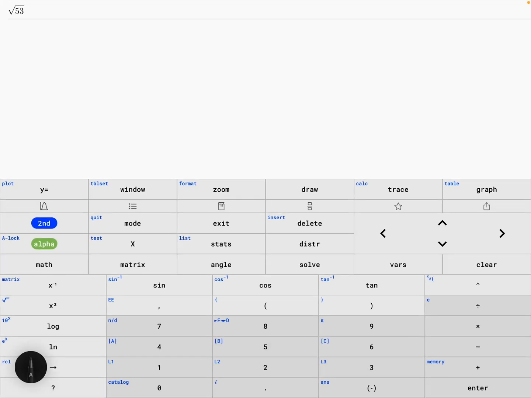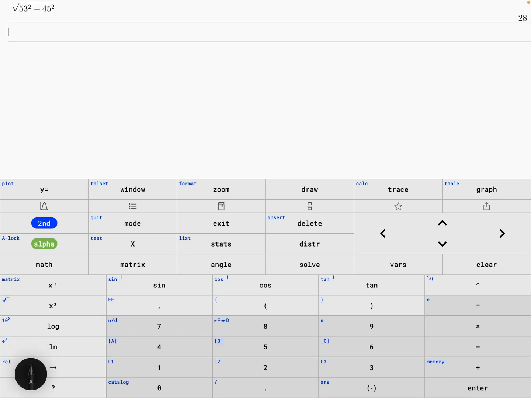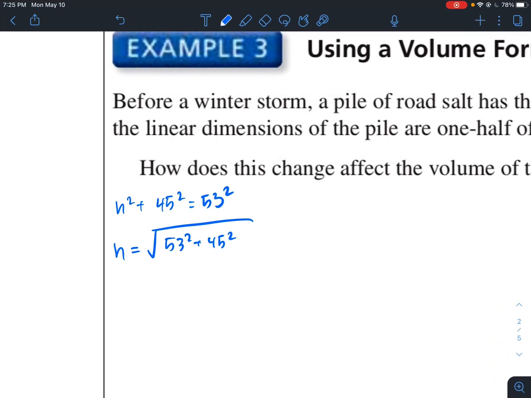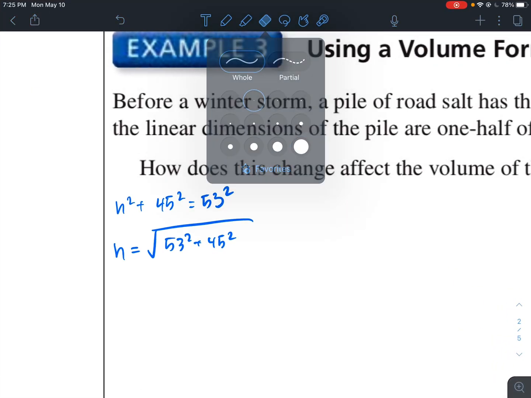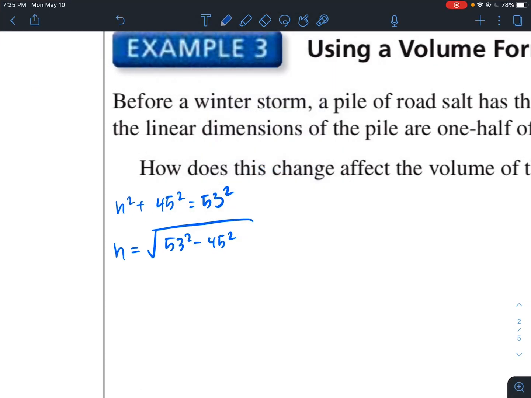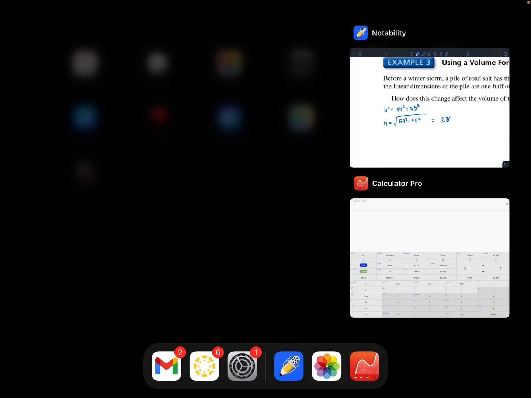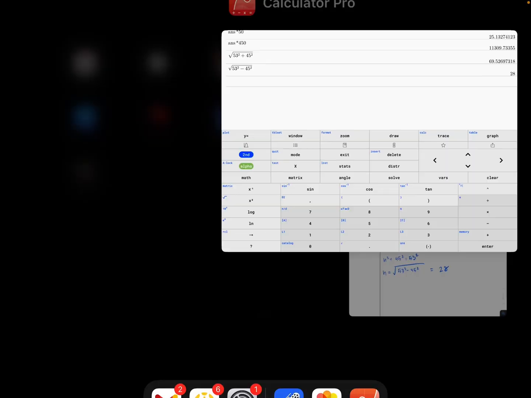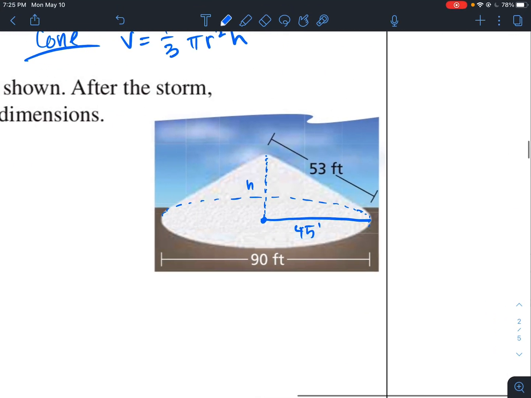Oh, that should be subtract. It should be subtract. There we go. Sorry, that should be subtract. Okay, and this will equal 28, like we have here. So the height of this pile is 28 feet.